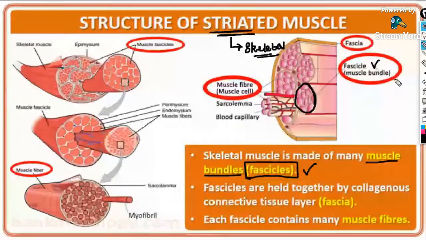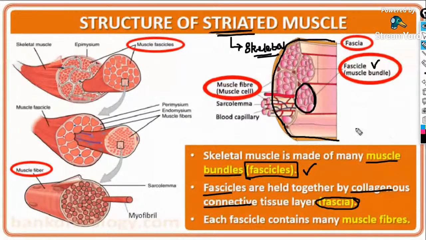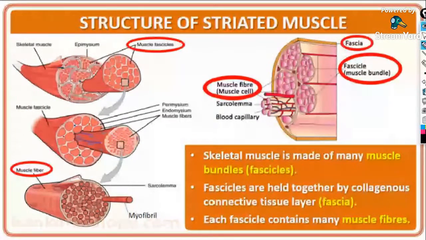The fascicles are held together by a collagenous connective tissue layer, which you will call the fascia. Each fascicle consists of many muscle fibers.